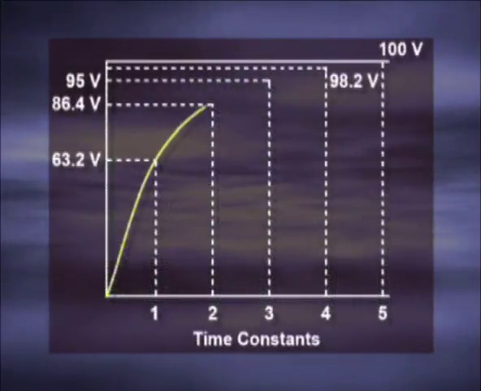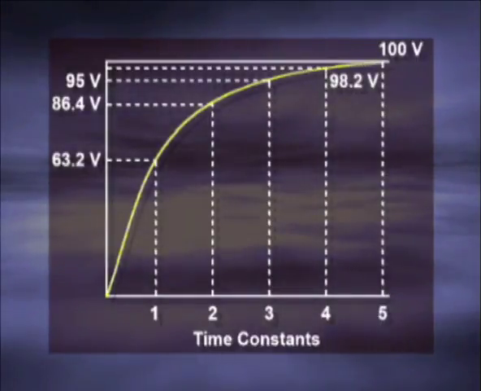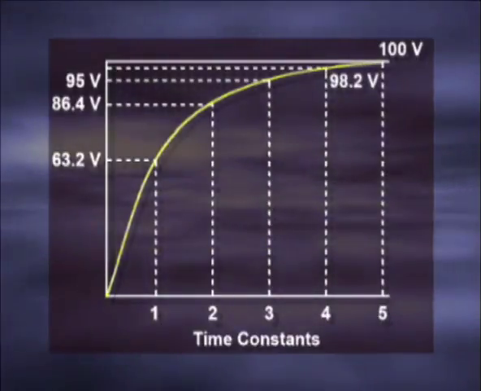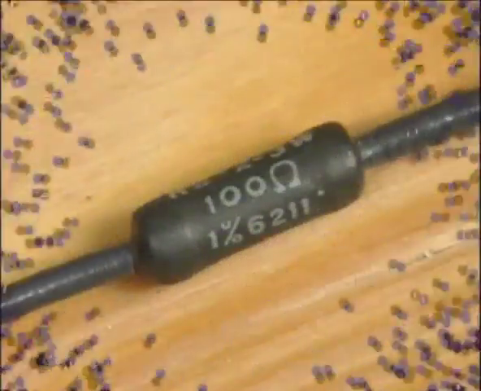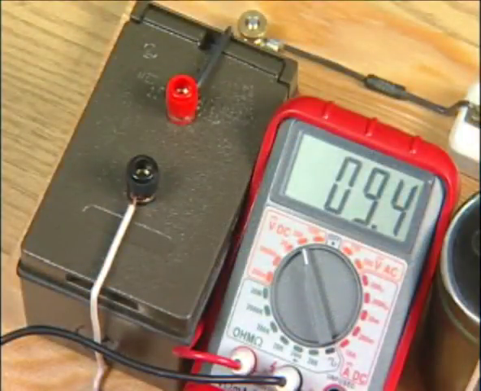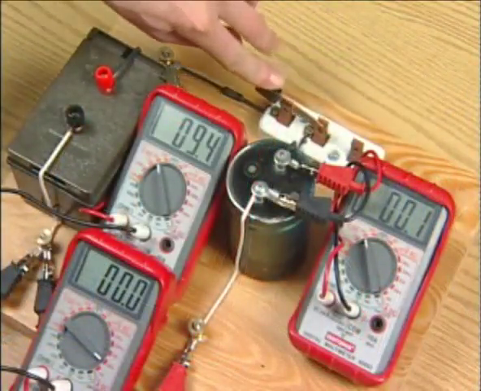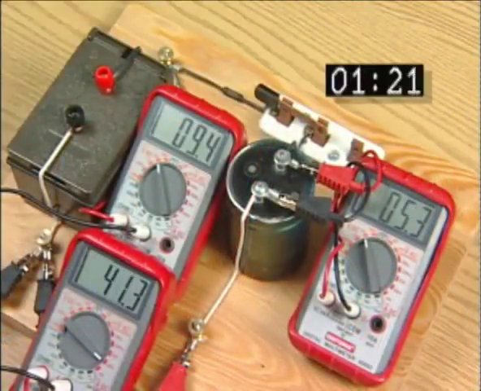The RC time constant gives the time in seconds required to charge a capacitor to 63.2% of its maximum charge. In this circuit, the resistor is 100 ohms, the capacitor is 18,000 microfarads, and the applied voltage will be 9.4 volts DC. It takes about 2 seconds for the capacitor to charge to 6 volts.